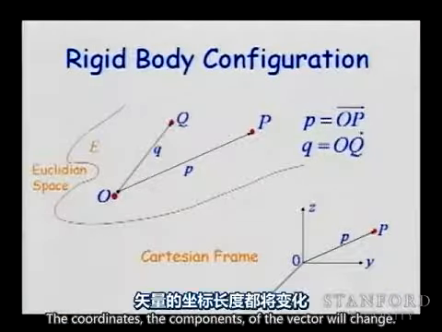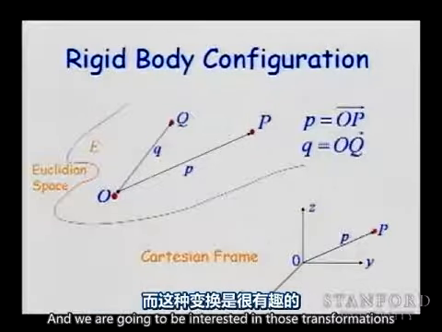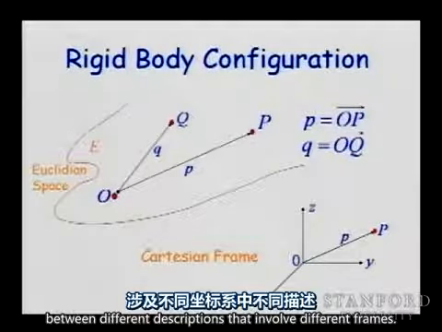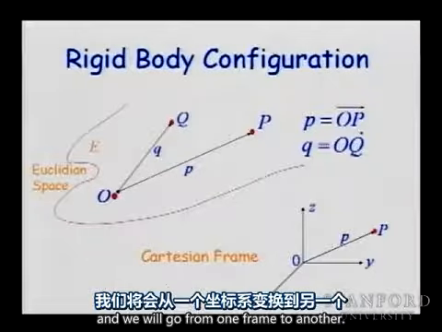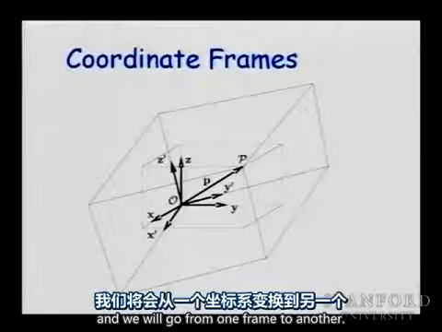The coordinates, the components of the vector, will change. And we're going to be interested in those transformations between different descriptions that involve different frames. We will work with orthonormal frames, x, y, and z, and we will go from one frame to another.